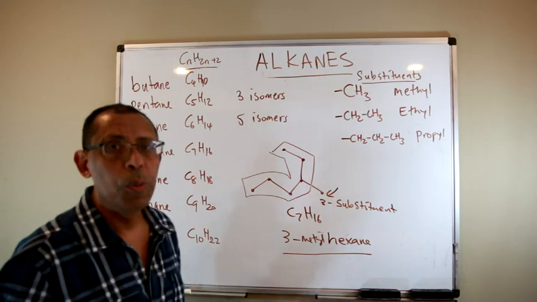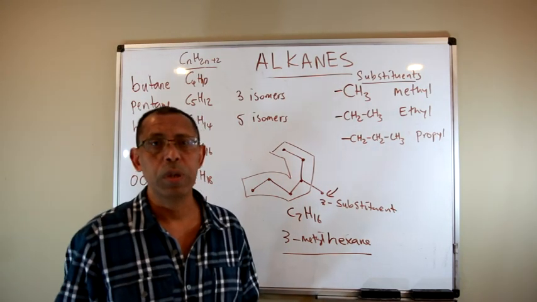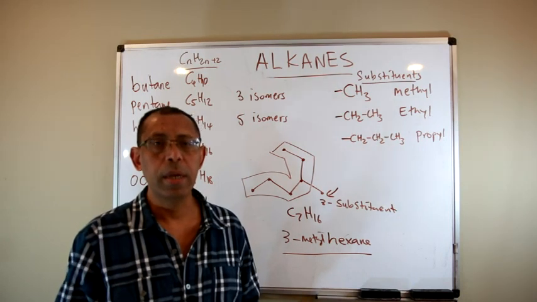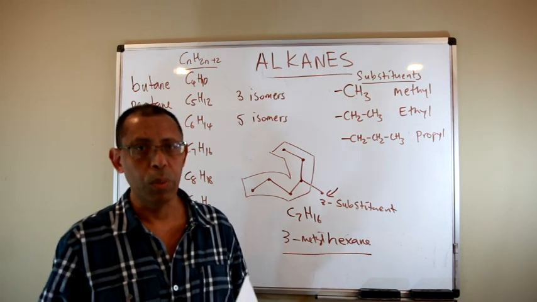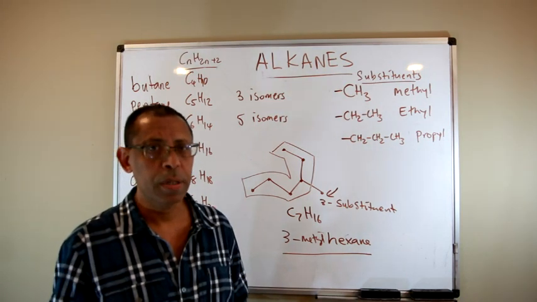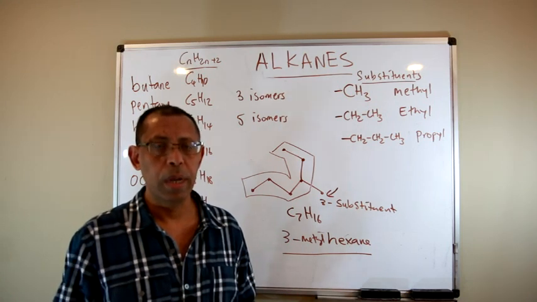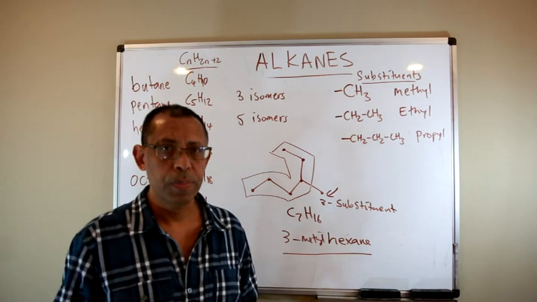Now we'll continue with cycloalkanes. That means compounds with cyclic structure, and still they are alkanes or hydrocarbons, with sigma bonds as well as sp3 hybridized carbons. So the next discussion would be on cycloalkanes.